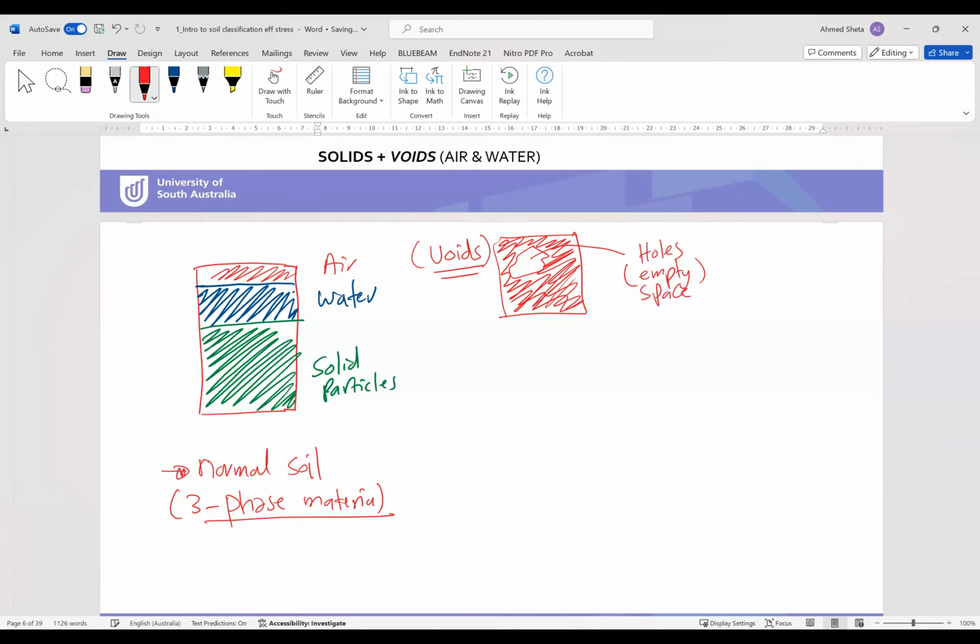Okay, thank you. So now we have these three phases. The voids are here, and the entrapped air is filling the voids. But because the air is weightless, that's why we consider it as void.